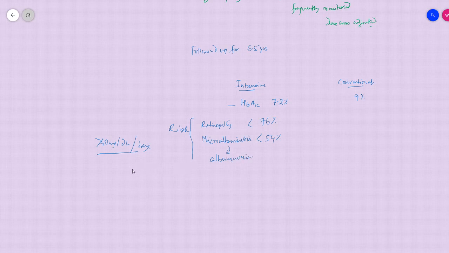And the risk of progression from microalbuminuria to albuminuria. What is albuminuria? We define it as greater than 300 milligram per 24 hours. This is not milligram per deciliter, it is per day. So the risk of conversion from microalbuminuria to albuminuria also reduced.